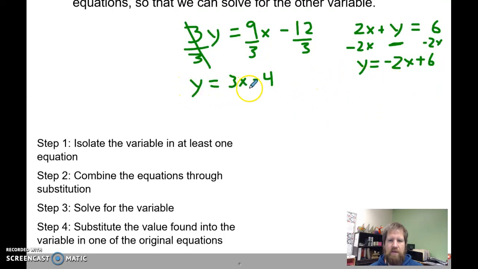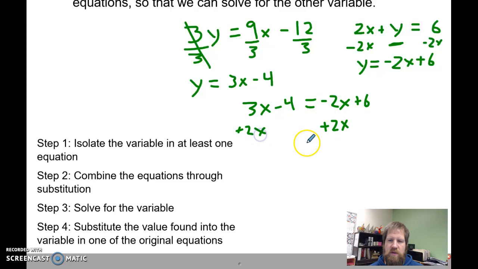So y is equal to 3x minus 4, and y is equal to negative 2x plus 6, so 3x minus 4 is equal to negative 2x plus 6. And I'll solve that. I'll add 2x since this is the smaller one, so I'll keep my terms positive.